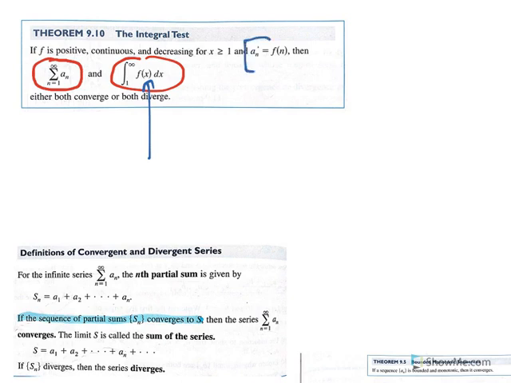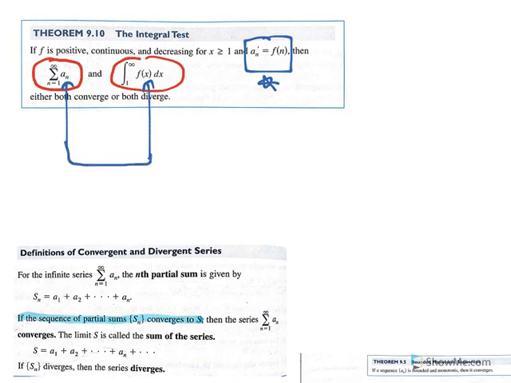And look at this here. F of x is the same rule that we have for the nth term in our infinite series. So that's what that states. So if you have a function f of x for the integrand in the improper integral, that is the same rule, the same function rule as the nth term of our infinite series.